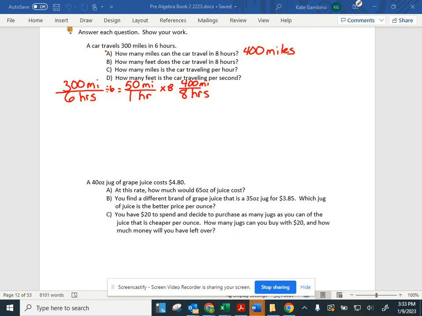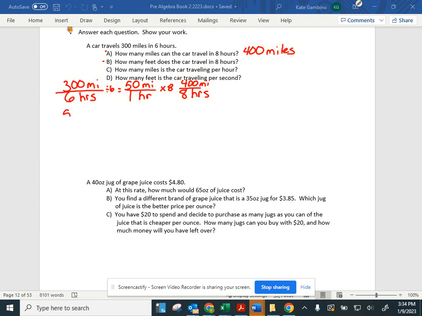So now let's look at B. How many feet does the car travel in 8 hours? So now I need to look back at how many feet are in a mile. And if we look back at our CO33, we can see there are 5,280 feet in 1 mile.